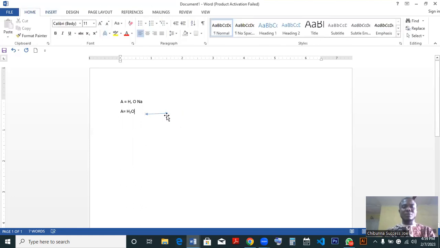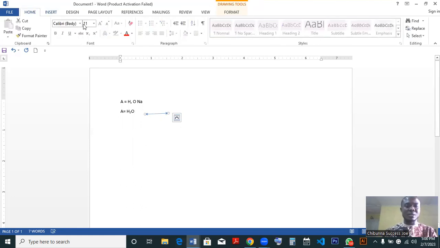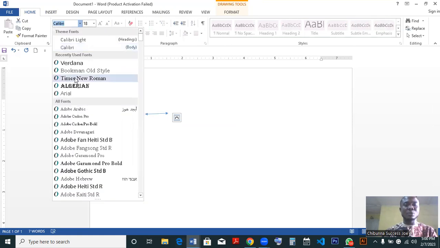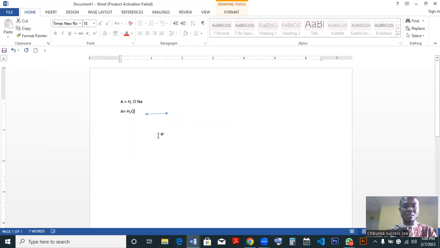This type of arrow is pointing towards both sides.